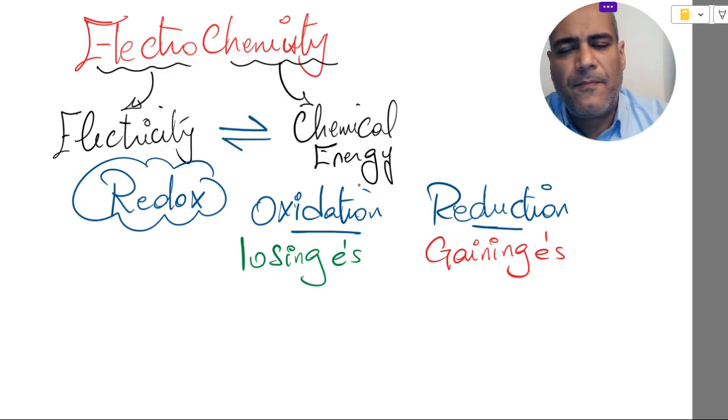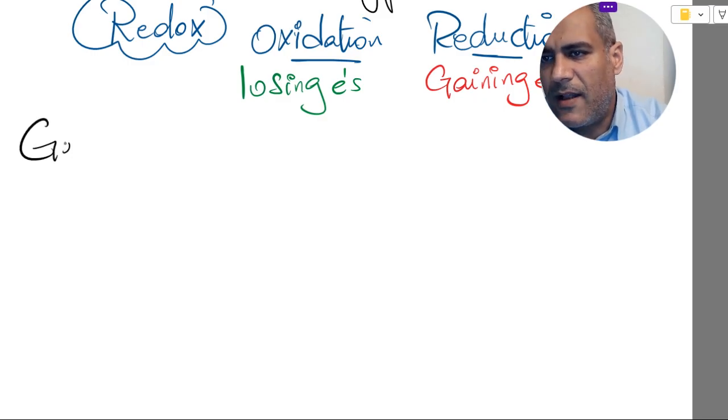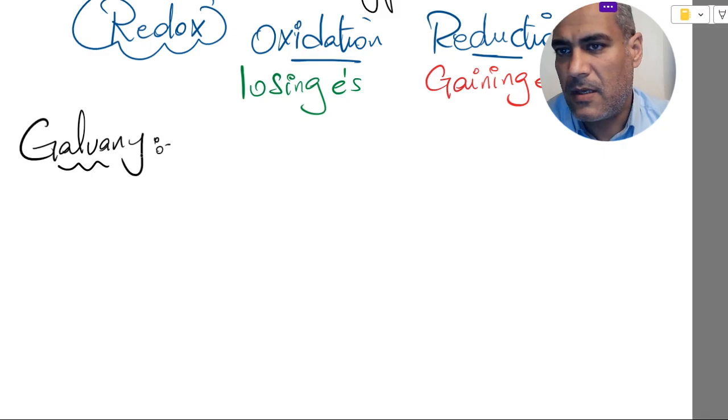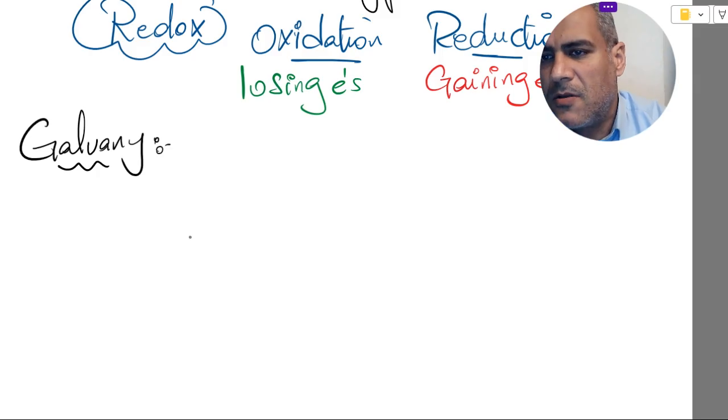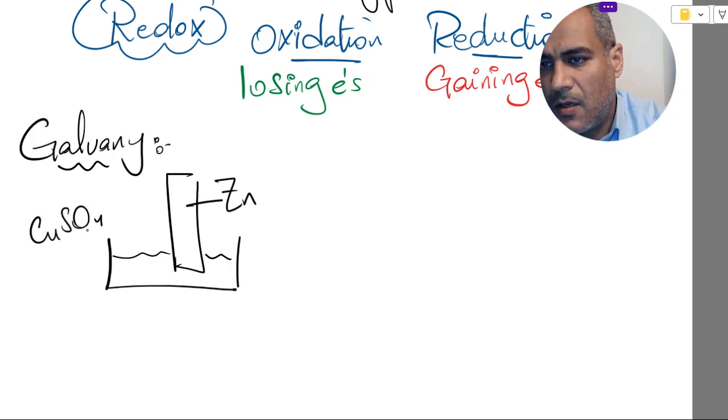Okay, then the experiment starts with Galvani, a scientist who introduced the biochemistry branch. Galvani made an experiment which included putting a rod of zinc in a solution of copper sulfate.